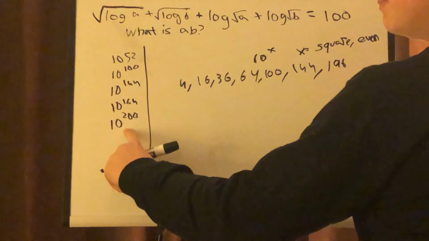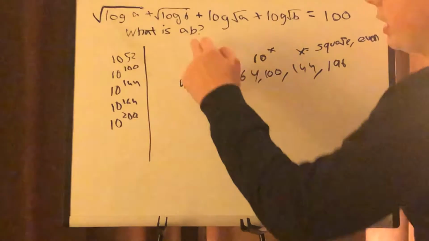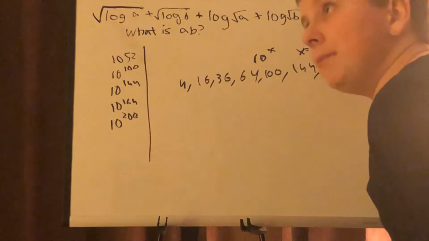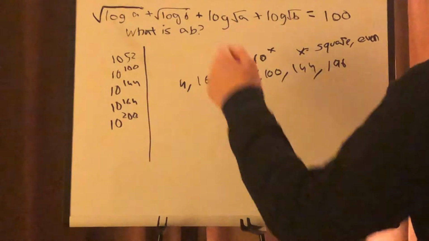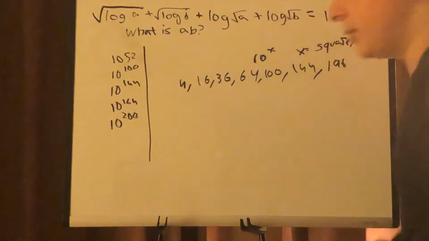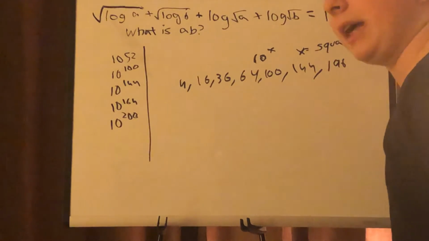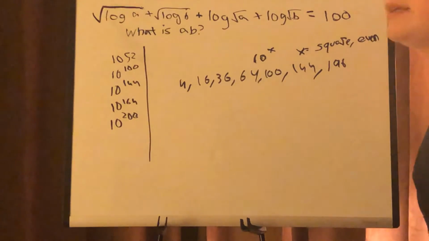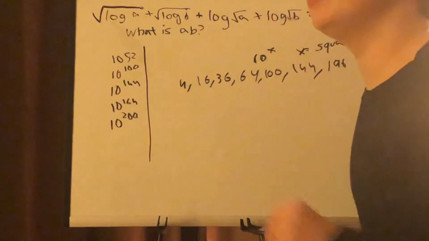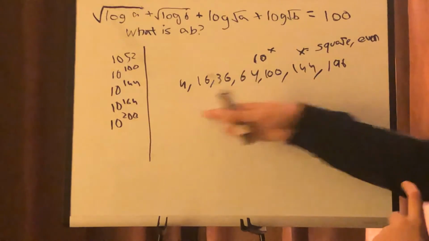And above that, we'd be above our highest possible answer, because remember, what we got to do is take AB, and if we're just thinking about it in terms of the exponents, we're going to want A plus B, because the properties of exponents say that if I take 10 to the 2 and multiply it by 10 to the 3, it's not going to be 10 to the 3 times 2, it's going to be 10 to the 3 plus 2. Okay? So these are numbers we can choose from.